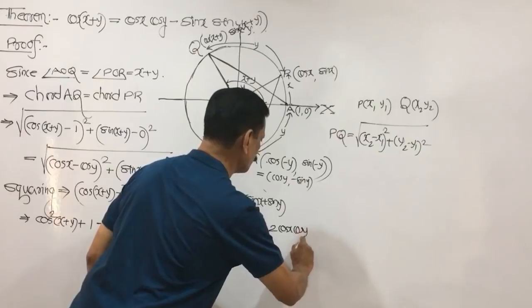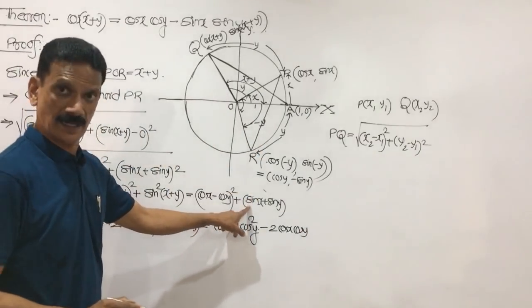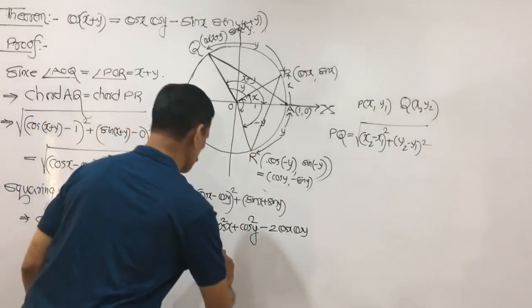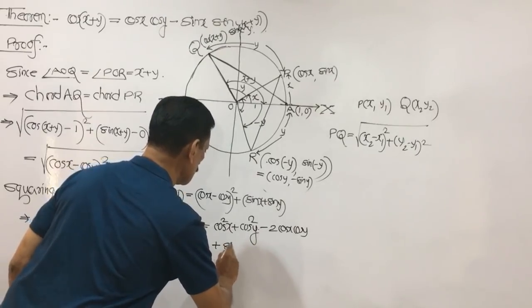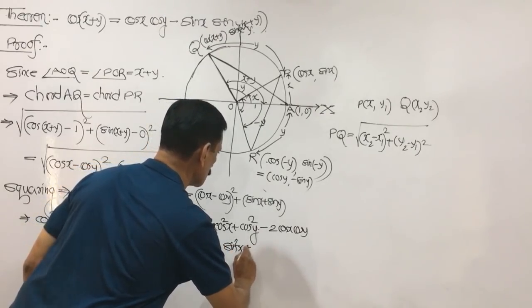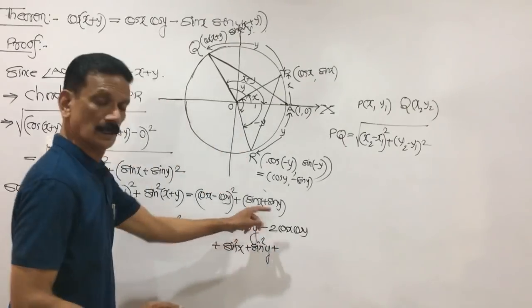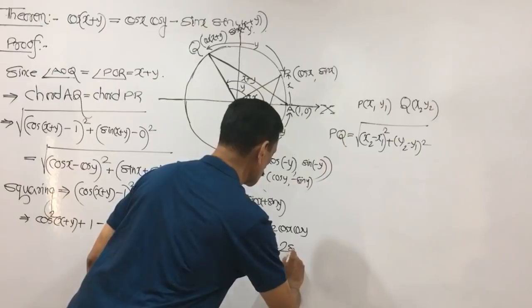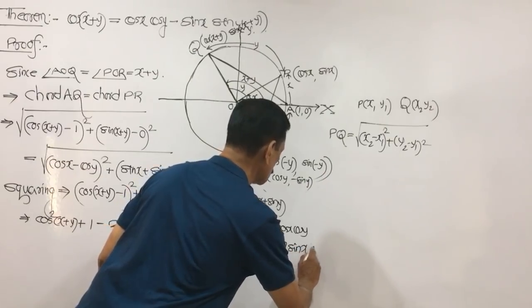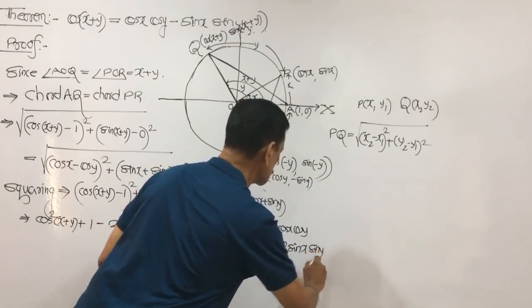Now here, a plus b whole square, a square plus b square, what you are getting? This is sin square x plus sin square y plus 2ab, that is 2 sin x sin y, 2 sin x sin y.